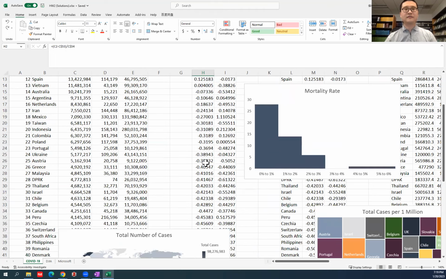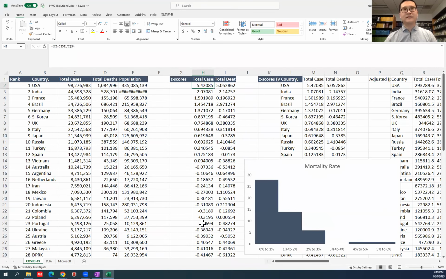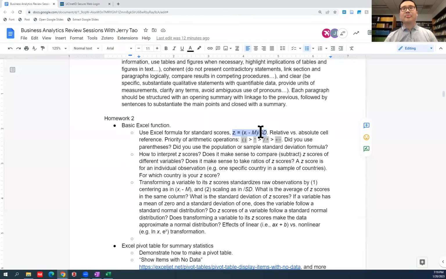You notice that there are z-scores that are negative. For a positive one, it means that the total cases for this country, USA in this case, is above the mean. It's more than the mean. By how much? We divided this by the standard deviation.